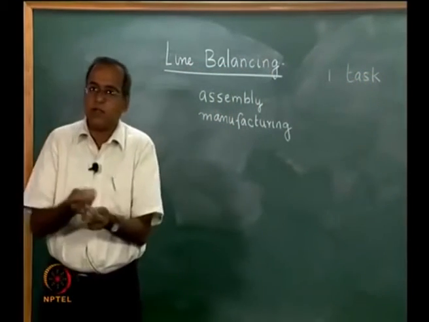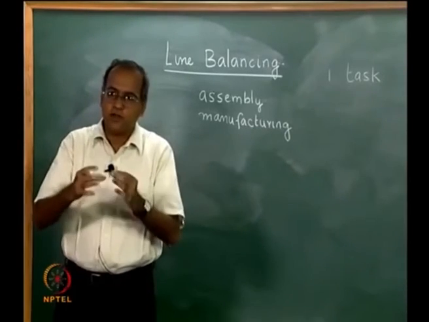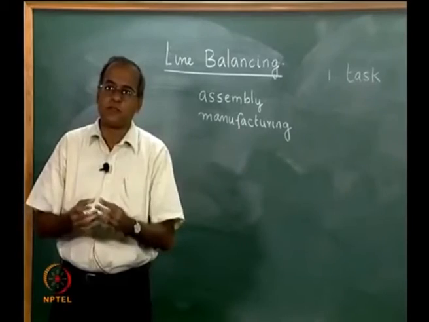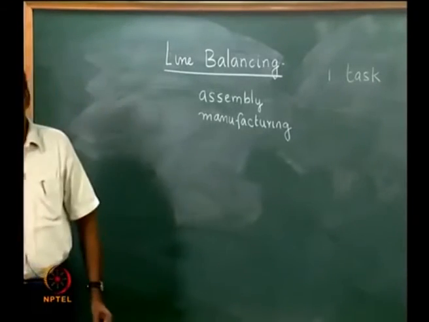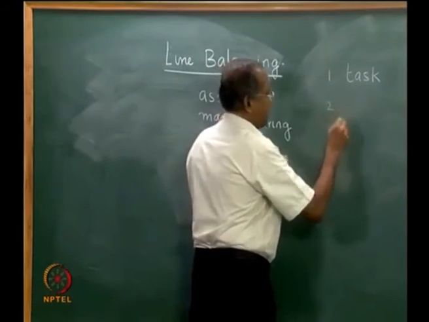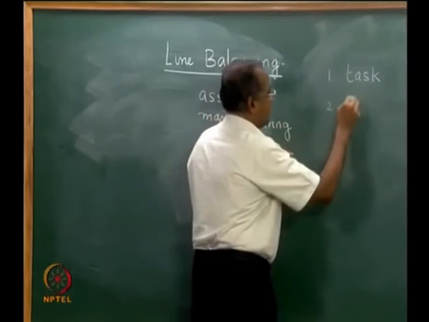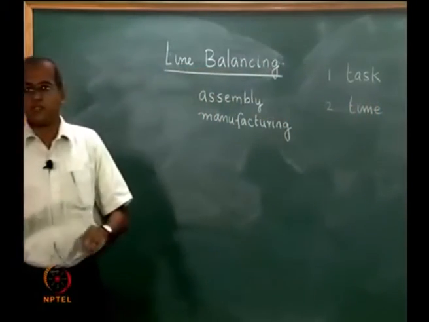An assembly would involve 10 or 12 or 15 tasks, where 15 different subassemblies and components are assembled into a final product or final assembly. Each task also has a processing time or a task time. So, there is a time associated with each of these tasks.